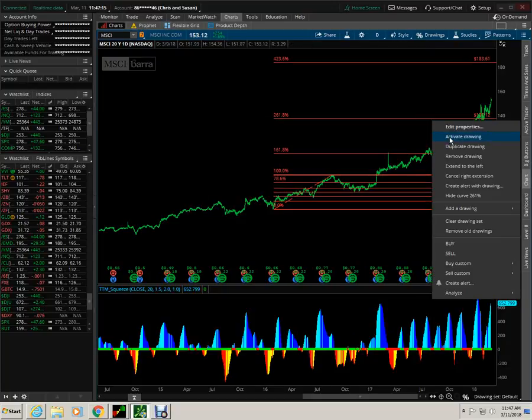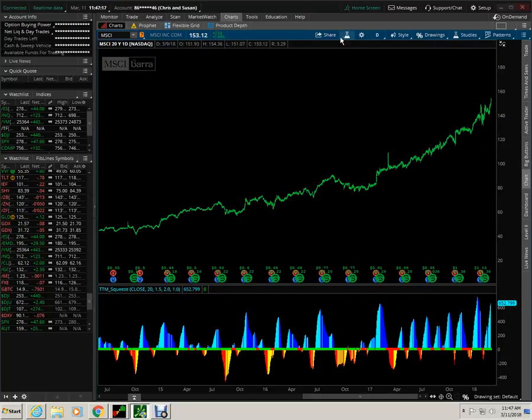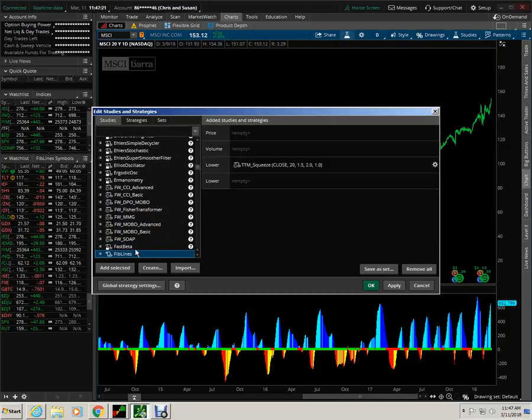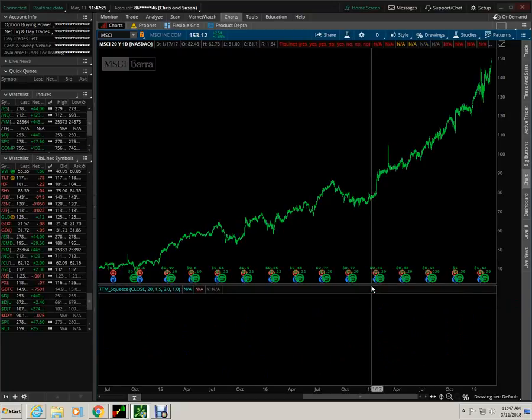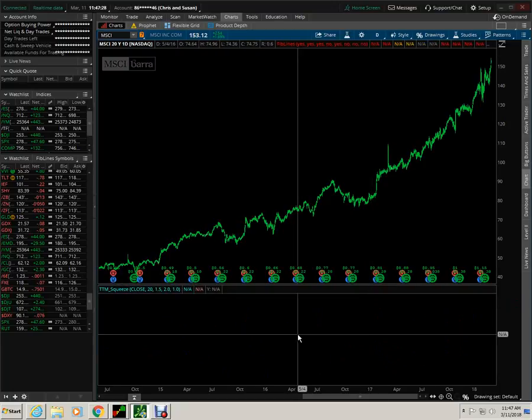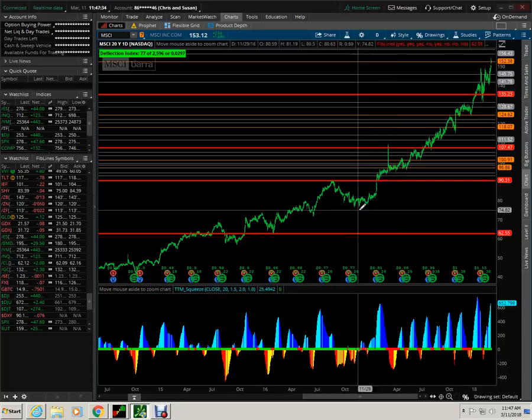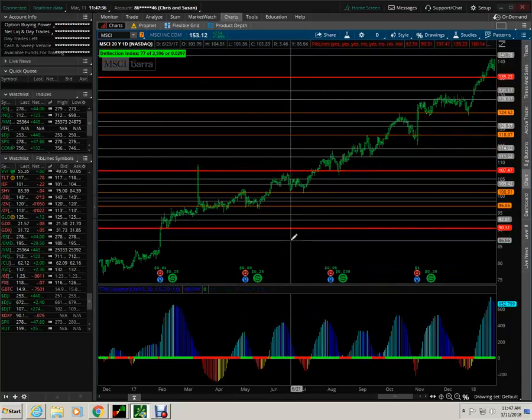And we're going to add the FibLines indicator. When you do that, you'll notice that the lines are drawn on the chart automatically. So the red lines are drawn automatically, and if you zoom in, you'll see that we have another level of lines.